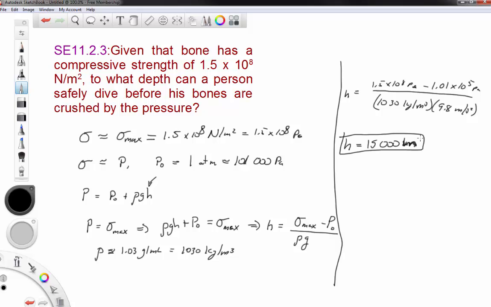But long before your bones start to be ground into a powder, bones are going to break, lungs are going to get crushed, that kind of thing. So I wouldn't ever recommend diving so deep on the basis of this one calculation. There's a lot more that goes into dive safety than just this.